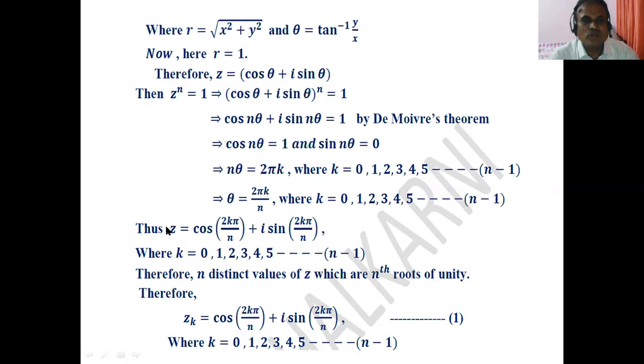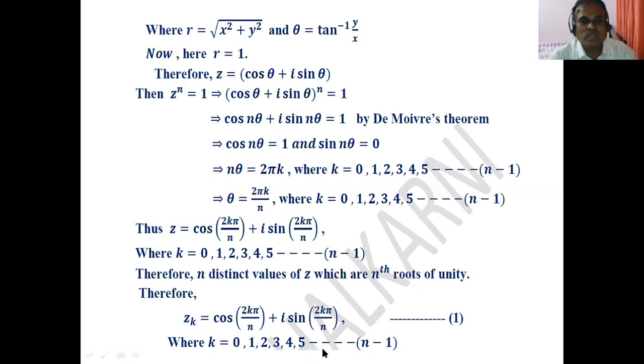Also, the equation z raised to the power n has n roots, and therefore we denote the n distinct values of z, which are the nth roots of unity, as z k, where k equals 0, 1, 2, 3 up to n minus 1.